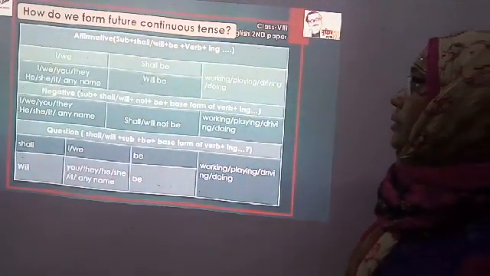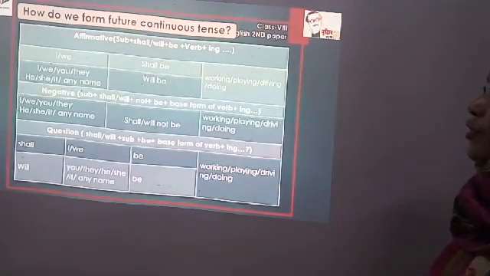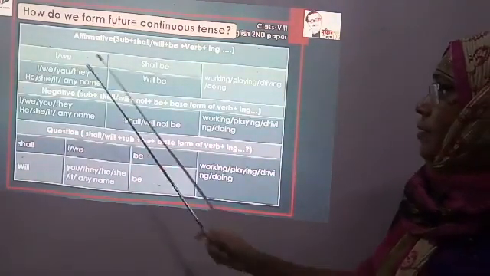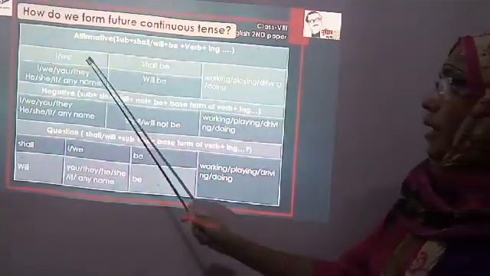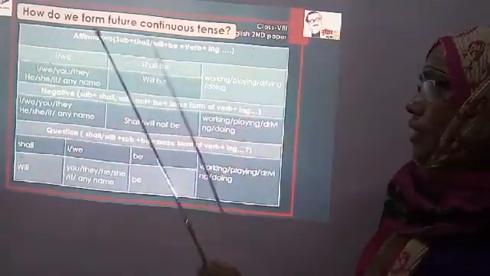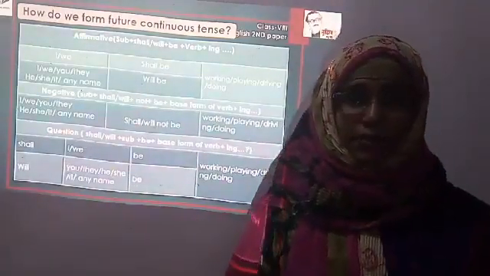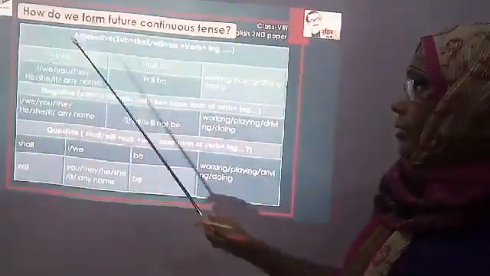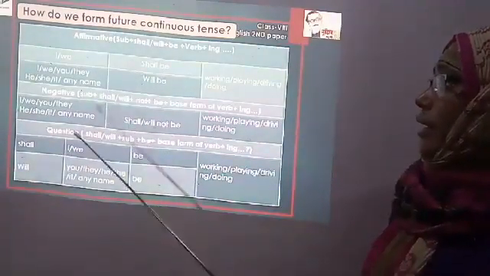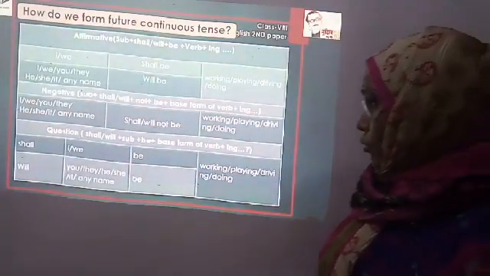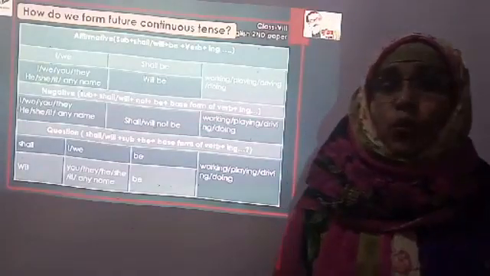How are the sentences formed in future continuous tense? Subject, shall or will, be, verb ing. I, we, shall be. Shall will be used after I or we. Except this, you, they, he, she, it will take will be.